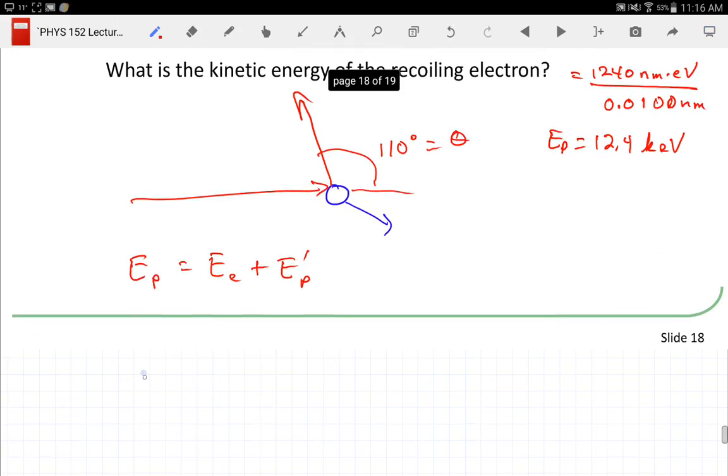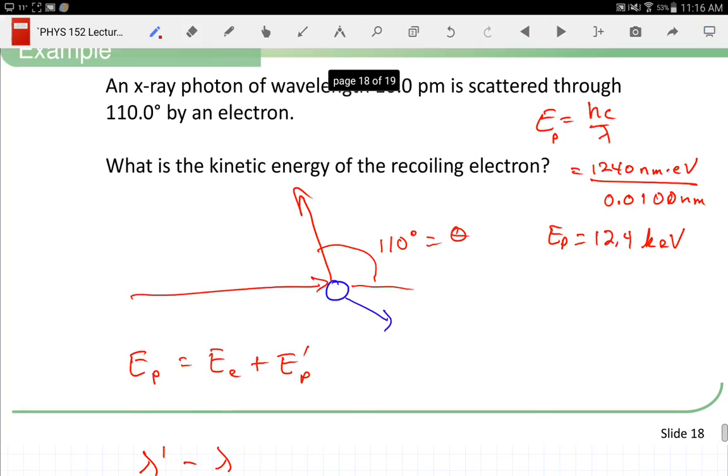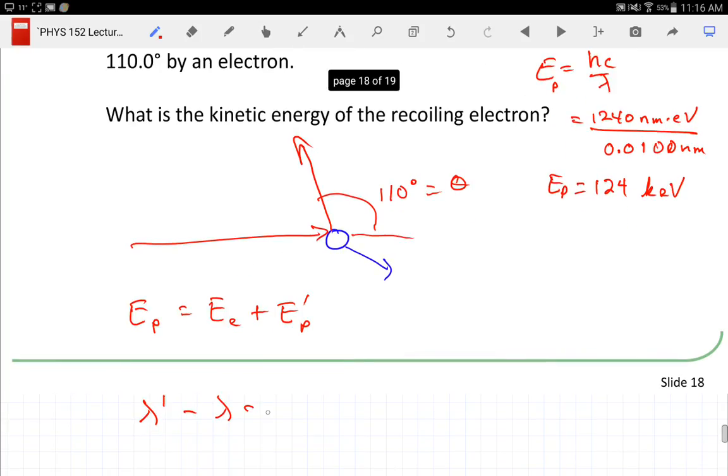So my Compton scattering equation: lambda prime minus lambda is equal to lambda Compton times 1 minus cosine theta.